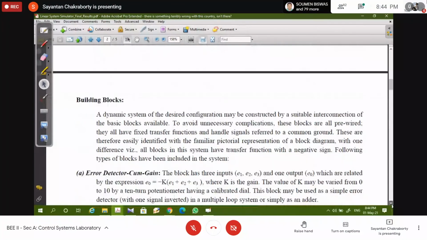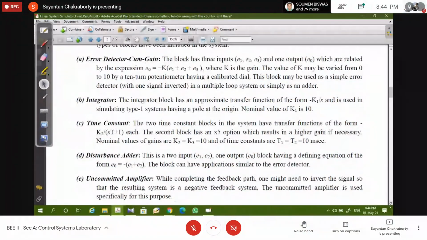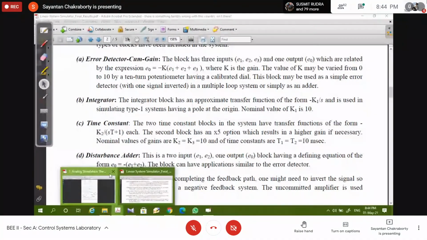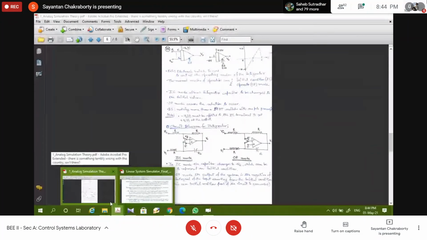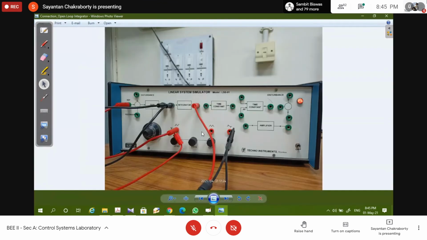So if we look at the basic building blocks, there's the error detector. Let me show you the figures. I guess that will be better. This is the figure. This is the connection for the integrator time constant.